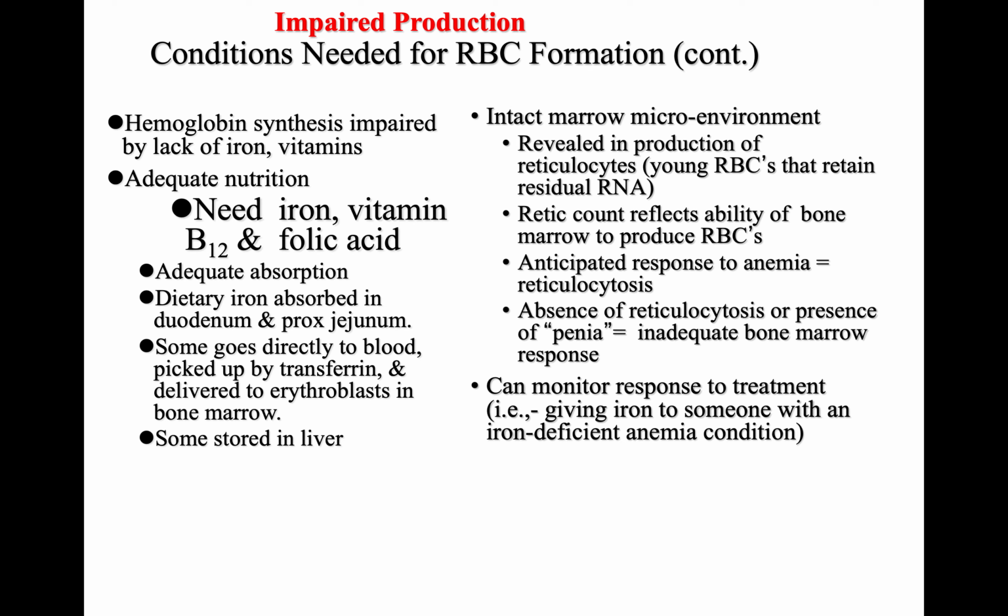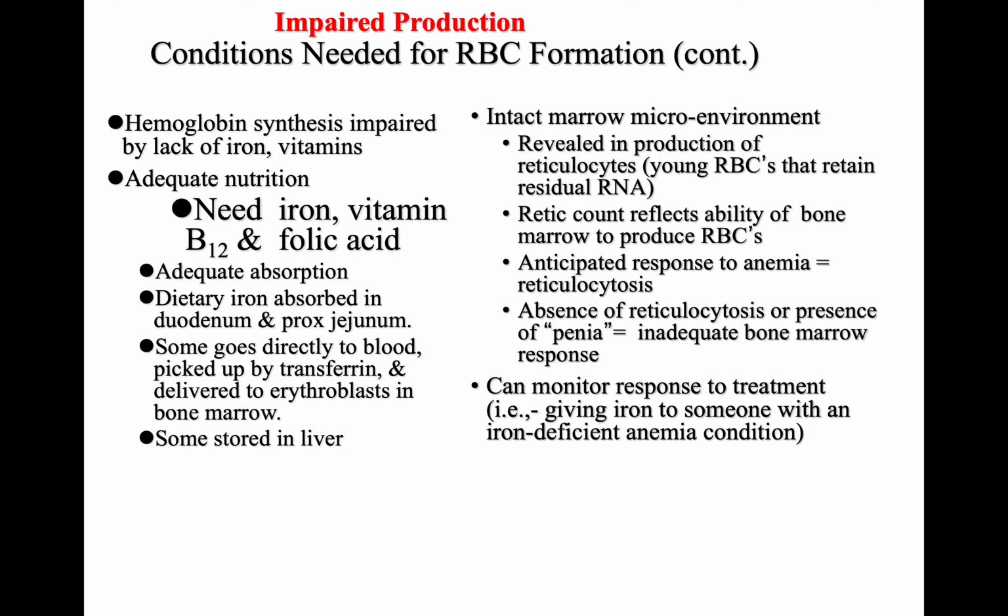An intact marrow microenvironment can be revealed in the production of our reticulocytes, and those are our young red blood cells. Remember, the retic count is about the blasts that retain residual RNA. The retic count reflects the ability of the bone marrow to produce red blood cells. The anticipated response to anemia will be a reticulocytosis, meaning it's ramping up.